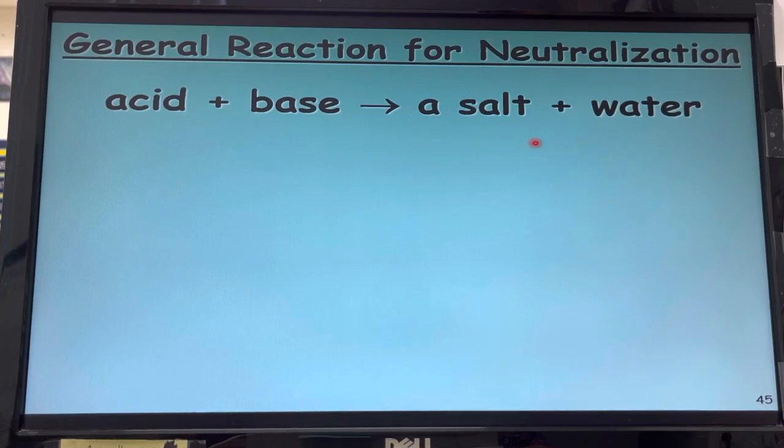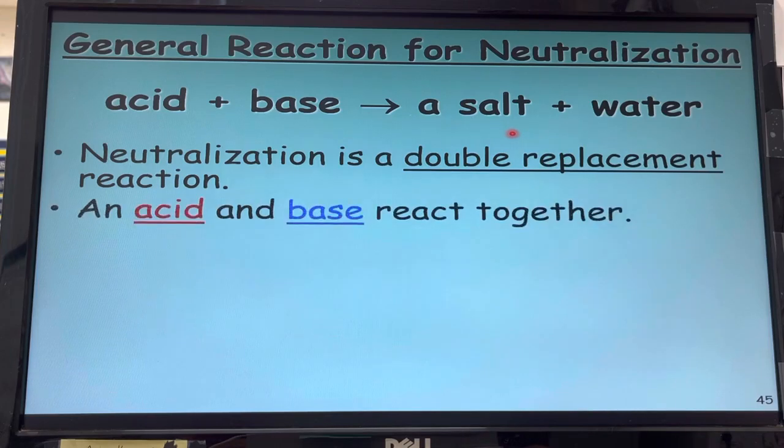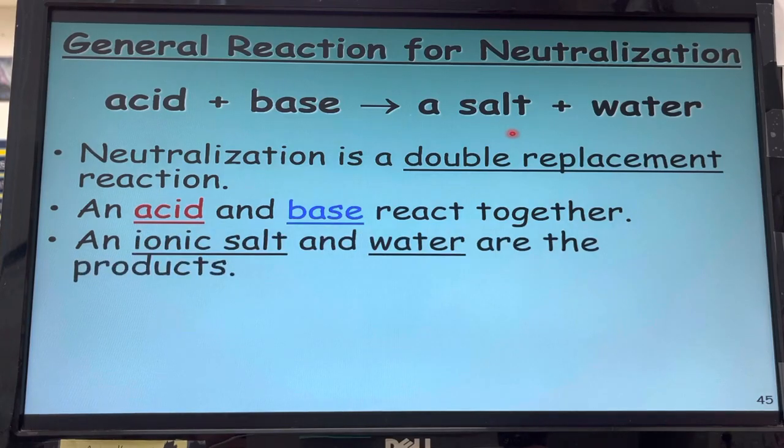But we should know from last semester that salt refers to most cation and anion combinations, ionic combinations. It can also be called a double replacement reaction because you're just swapping the parts. It's like two couples dancing, remember, and then they switch partners, okay? So an acid and base reacting together, making an ionic salt and water as the product.